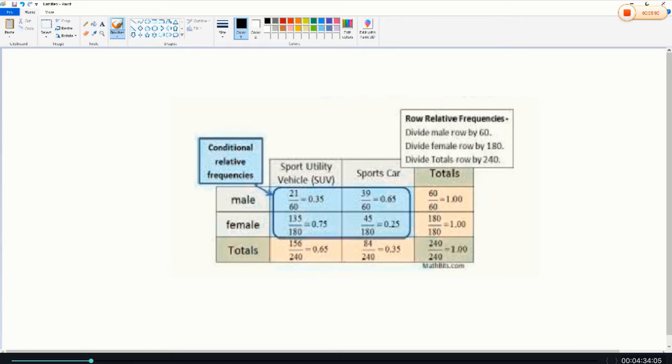So like we said, there were 60 males, but there's 21 males who also had a sports utility vehicle, so it's 21 divided by 60, and it gives it in decimal form. And as you can see on total side, there is just a straight 1.